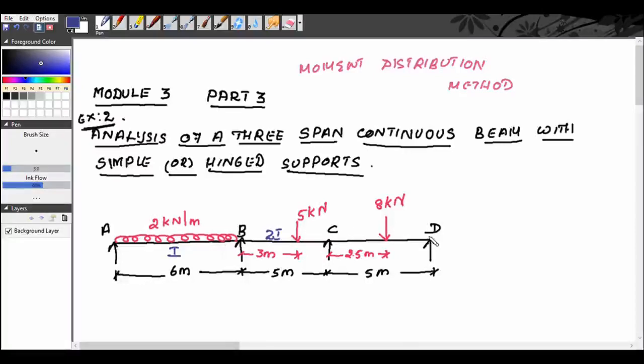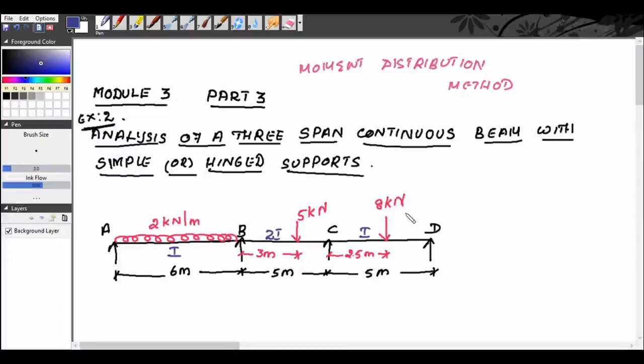And for the span CD, the moment of inertia is given as I. So the member properties differ from span to span. Now, remember the end supports are also simple supports for this problem.